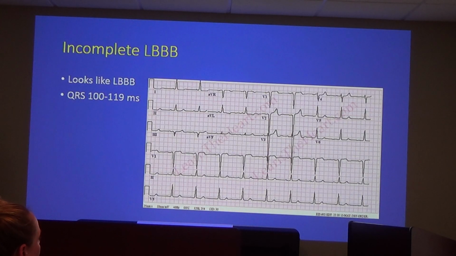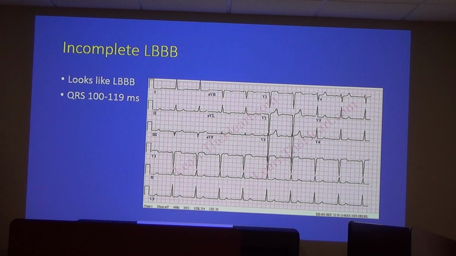So an incomplete left bundle branch block looks like a left bundle, but there may not be as broad or as big of a T-wave inversion. The main deal is it's between 100 and 119 milliseconds. It's not all the way to 120 milliseconds. And what that usually means is that if you look at V6, it's not as wide, the notch is not as prominent.